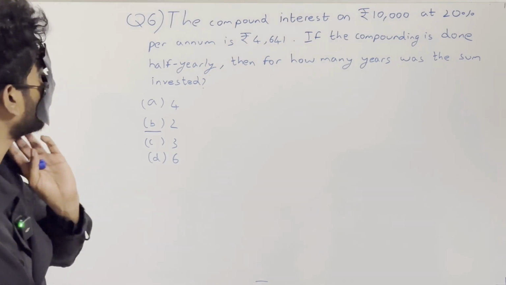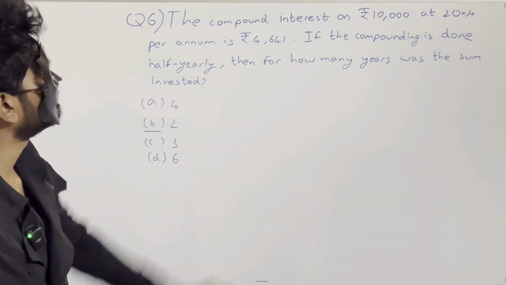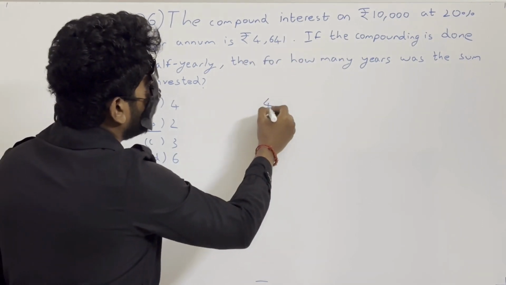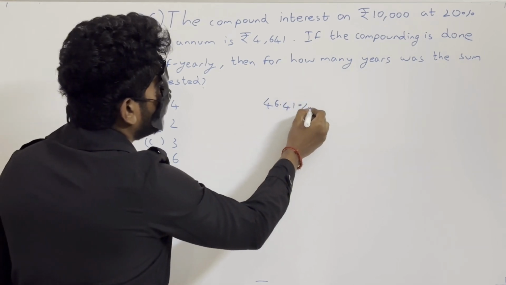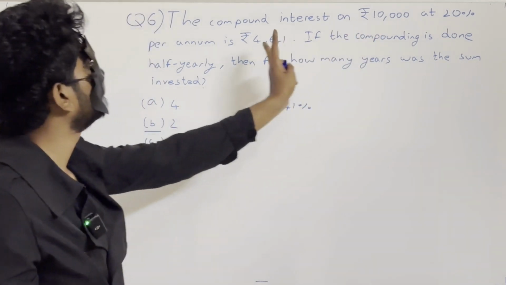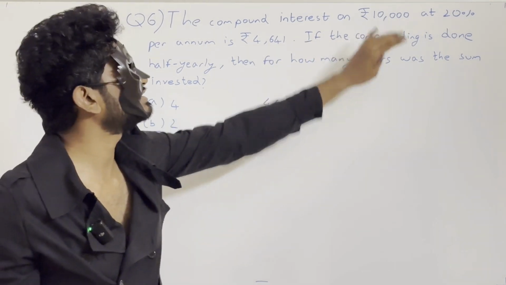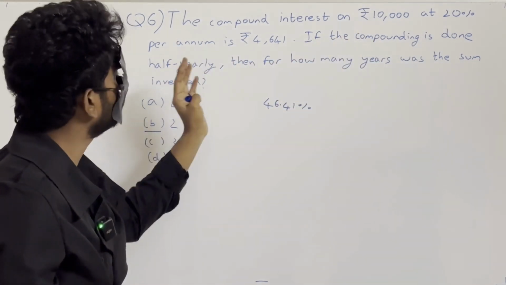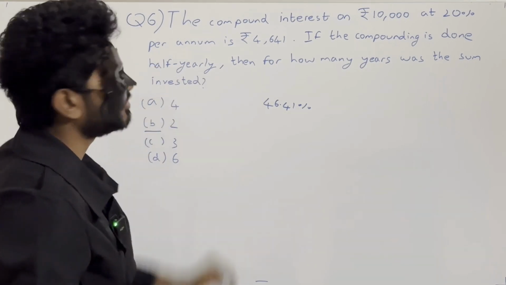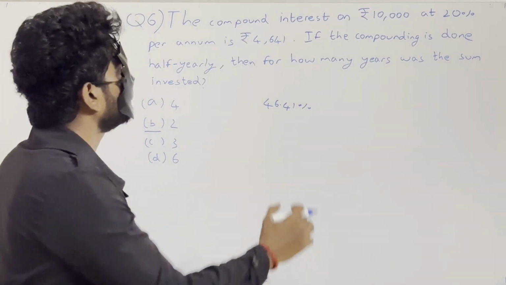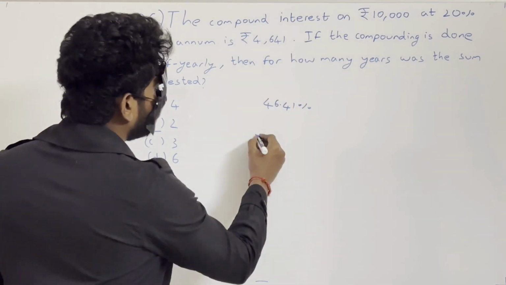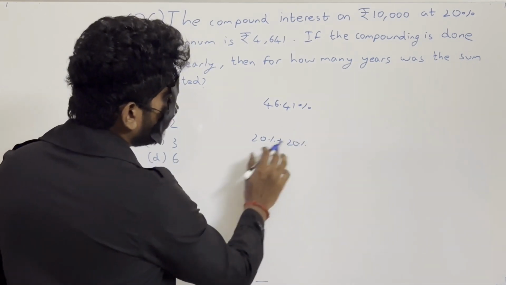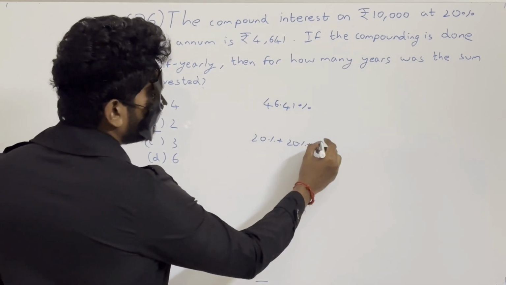Why I will tick option B is, suppose let us consider this is 4641. This is 46.41 percent of this 10,000. Now suppose we take 20% compounded per annum itself, like instead of half yearly, if you compound it yearly, then it will be 20% plus 20% plus 20% of this 20%, that is plus 4%.